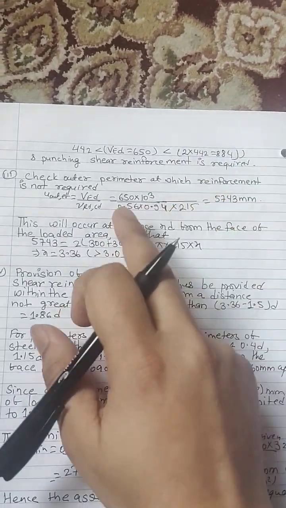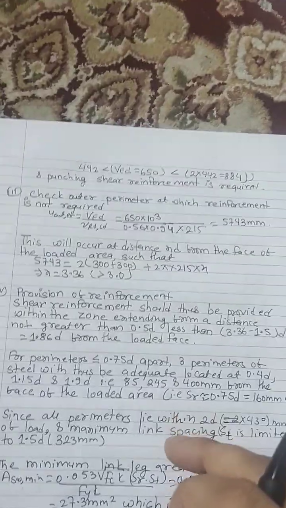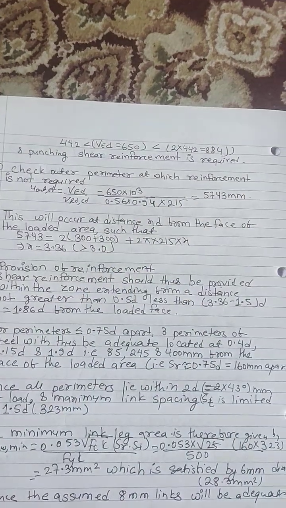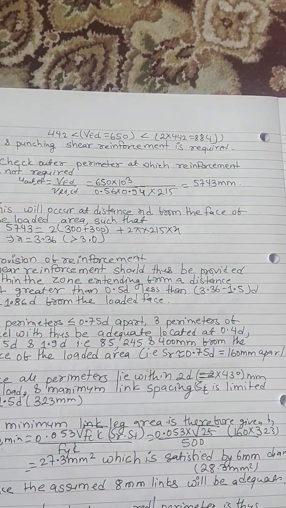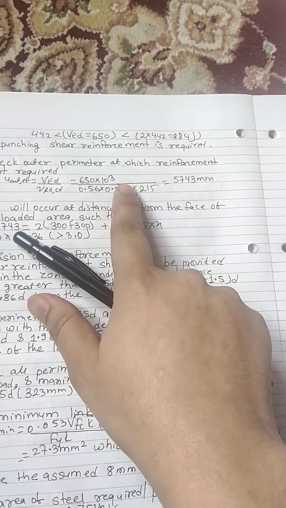So now we are going to calculate the outer perimeter at which the reinforcement is not required. So uout is equal to βVEd over vRd,c into d. VEd is 650 into 10³.